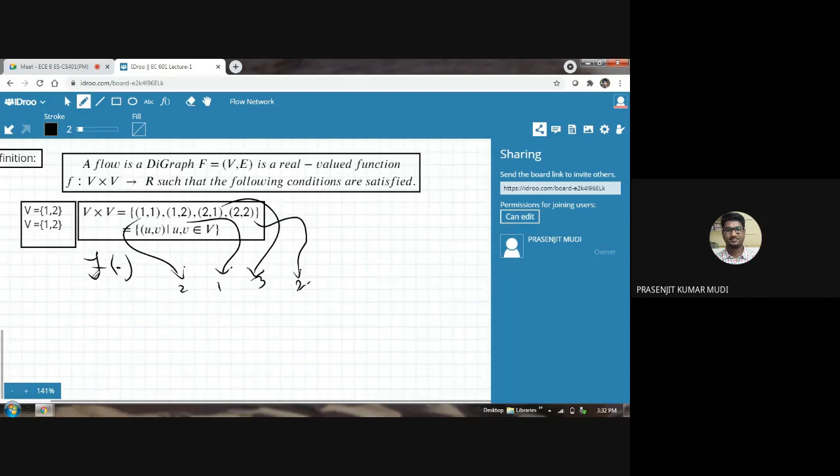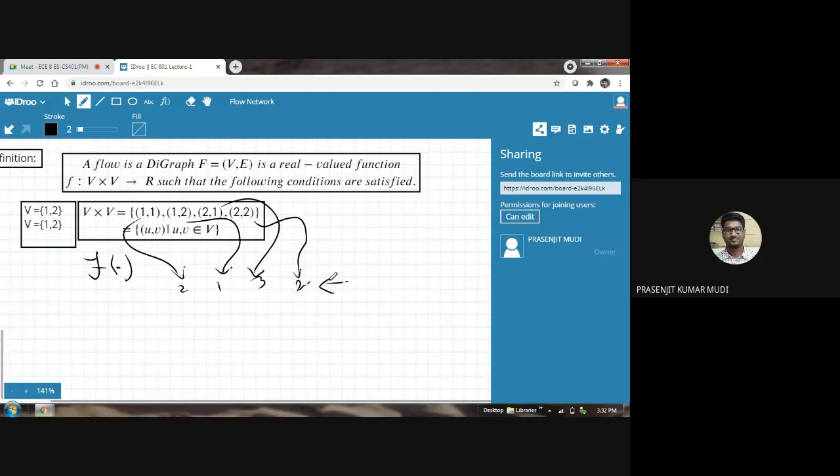So this function is actually known as the flow. Whatever we are getting, this function is called flow, and these are the flow values, the amount of flow. Or simply you can call them flow. Mathematically, the function is flow, and this is the flow value.